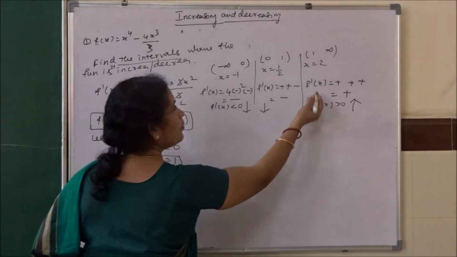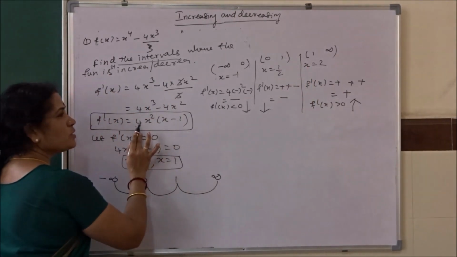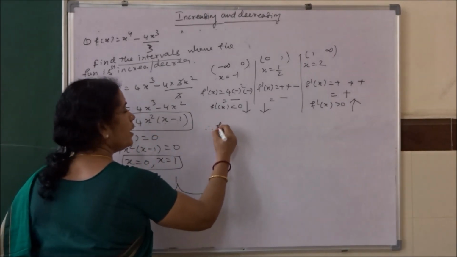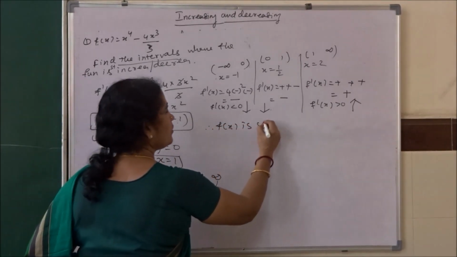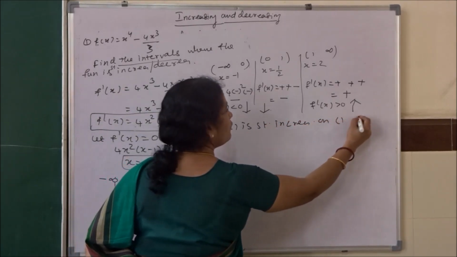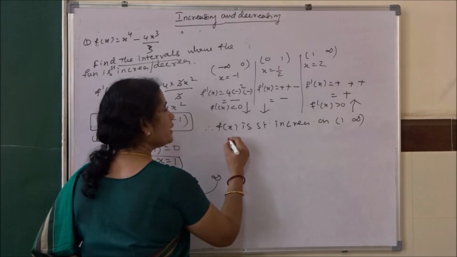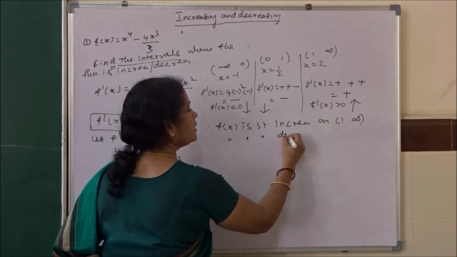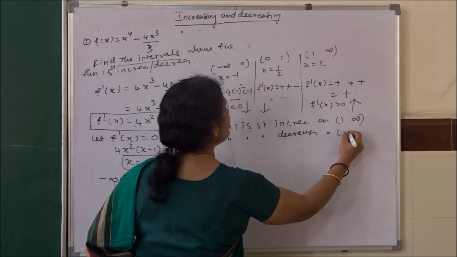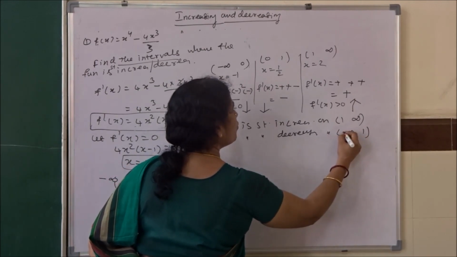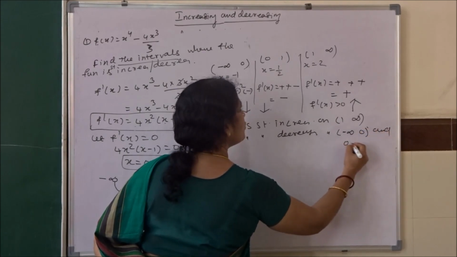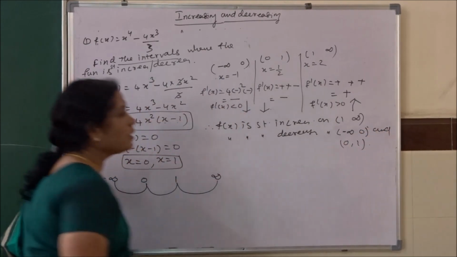Now next I am taking x equal to 2, so this is positive, 2 minus 1 is positive. Therefore f(x) is strictly increasing on 1 to infinity and strictly decreasing on minus infinity up to 1. Otherwise you can write minus infinity to 0 and 0 to 1. Clear to you?